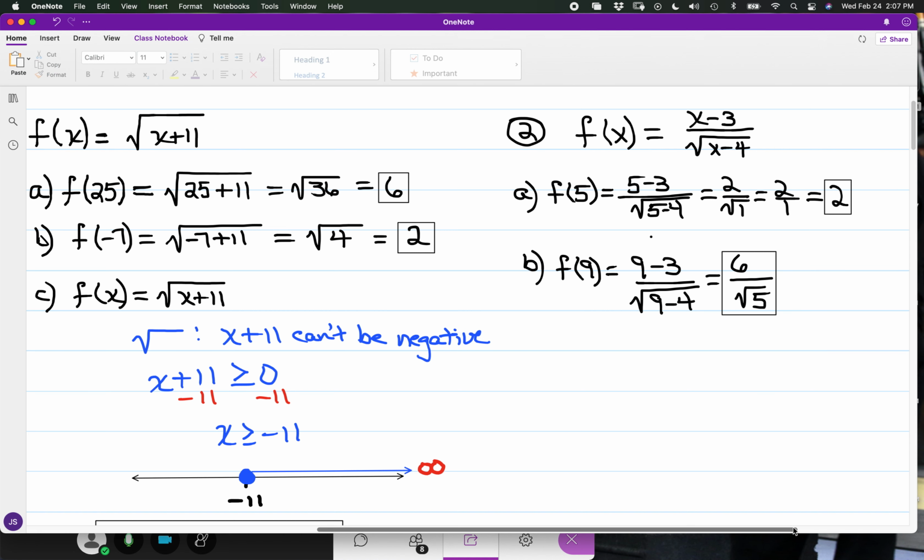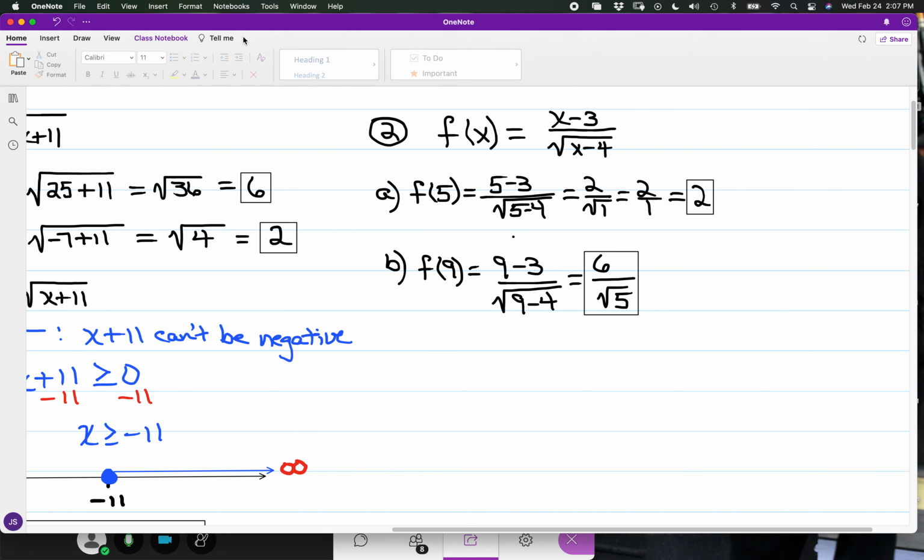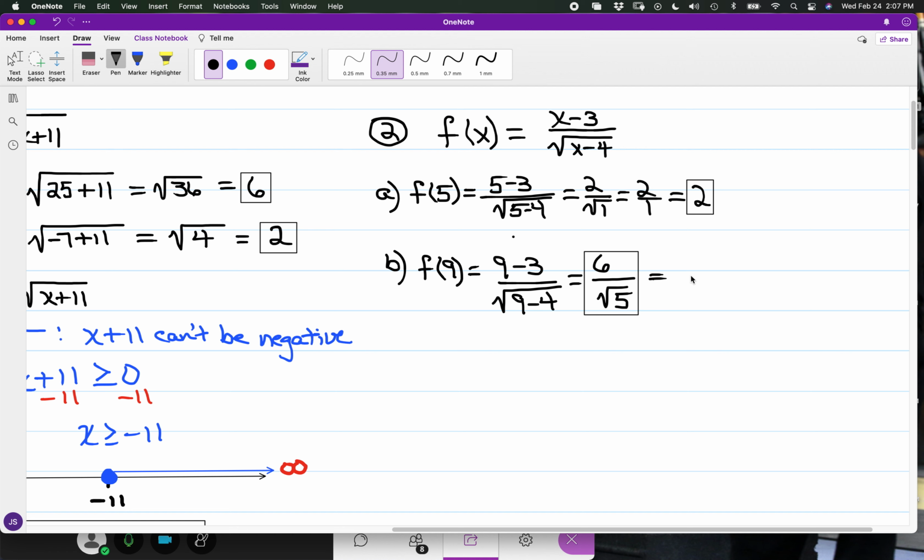But if you had to do things like rationalizing the denominator, I'll show you this other possible display. Again we have 6 over the square root of 5. If I were to take care of the radical on the bottom, what I can do here is just multiply by 1 in the form of the radical denominator divided by itself.